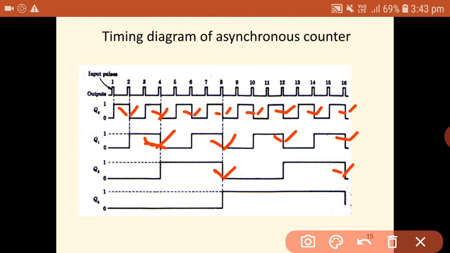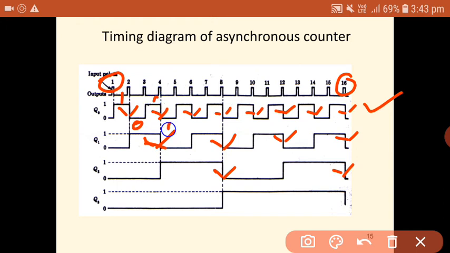So this is the timing diagram of the asynchronous counter, or ripple counter, a 4-bit ripple counter. Since I am using 4 flip-flops, it can count a maximum of 16 clock pulses, starting from 1 to 16. Q0 toggles for each and every clock pulse, and Q1 toggles only when Q0 changes its state from logic 1 to logic 0.